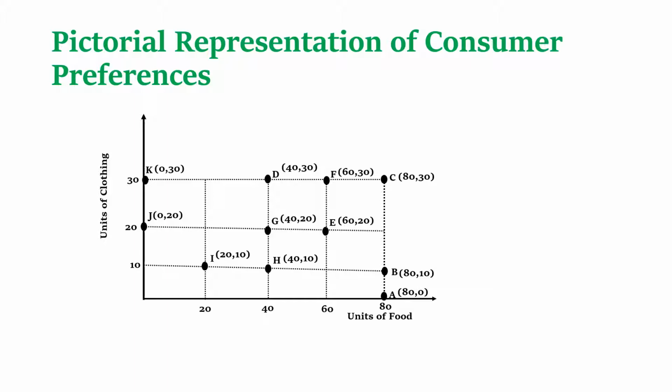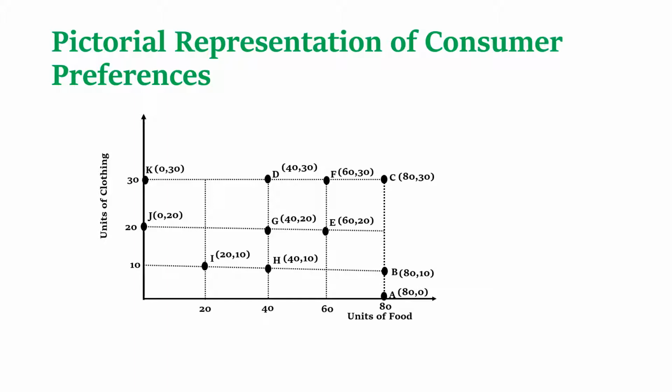So that particular basket is more preferable to basket A, because the consumer consumes the same amount of food, but at this time he has 10 units of clothing. So this means that point B is preferable to point A. So he prefers point B to point A.